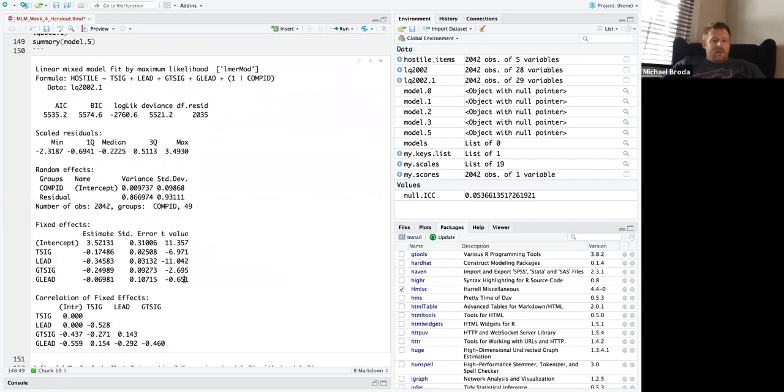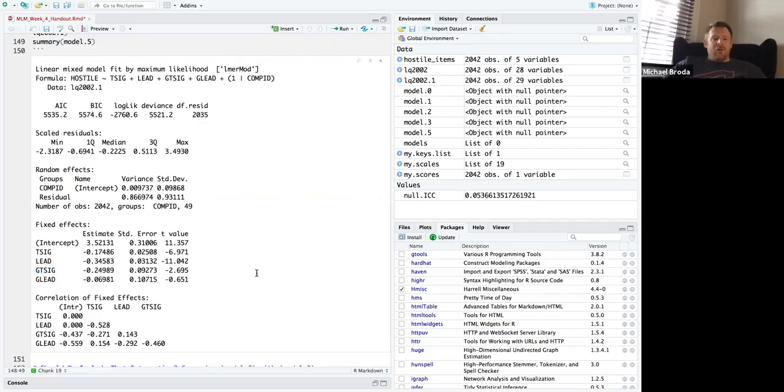And it looks like it doesn't, which is interesting. So G lead, the test statistic here is only minus 0.6. So remember, it's got to be either below -2 or above +2 to be statistically significant. So these three, T-sig, lead, and GT-sig, are still significant, but G-lead is not.